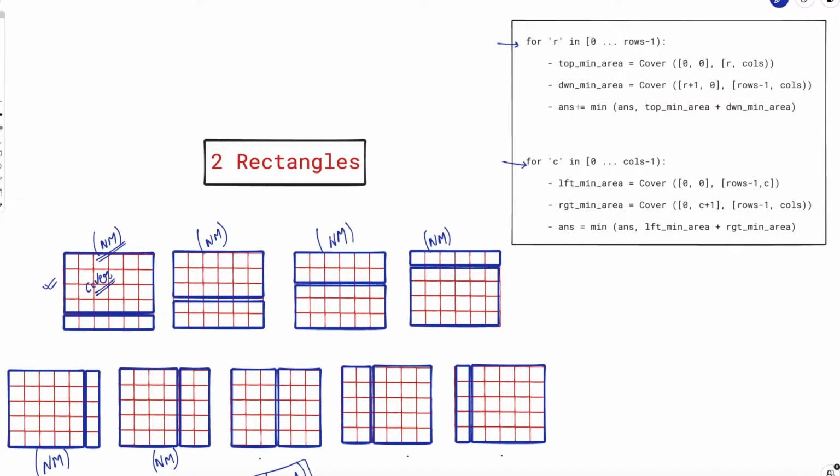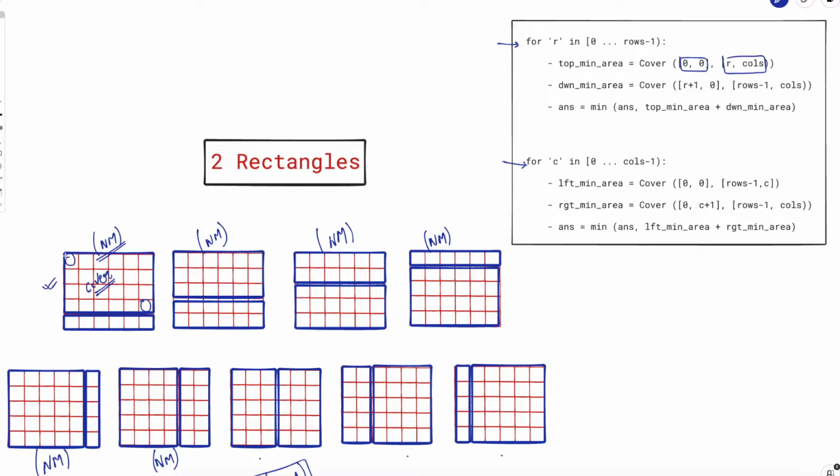So for the top minimum area, you're simply calling the cover function, which is: what is the minimum area to cover all the ones in a grid, and the grid is simply starting at 0, 0 and ending at r, columns, which basically means this particular bottom right cell, right?